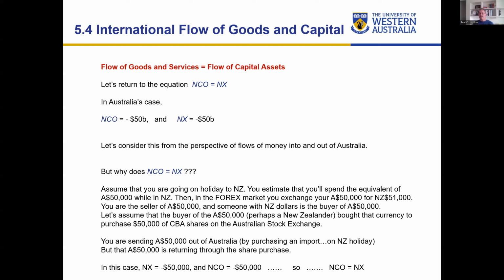And so we've got net capital outflow being negative, meaning we actually had some net capital inflow. If NCO is negative to the tune of $50,000, it means we've actually had net capital inflow. And we did, $50,000 going into our stock market. So in that sense, that equation holds.